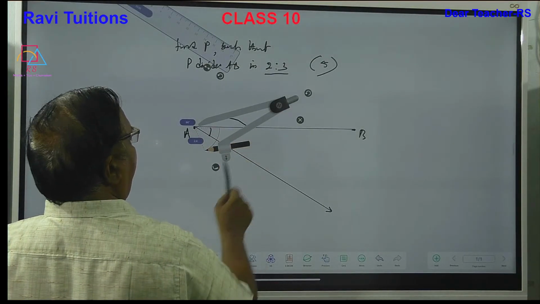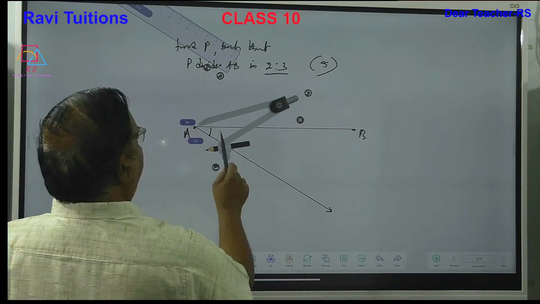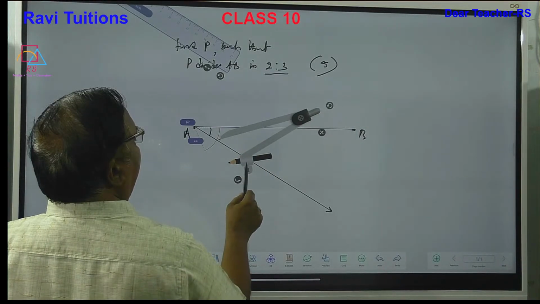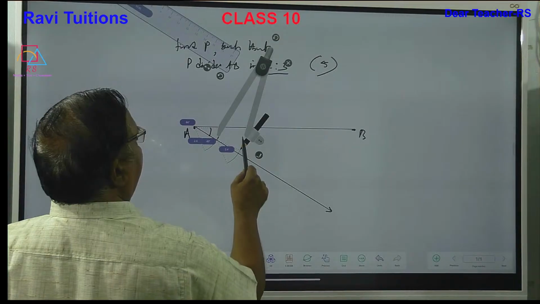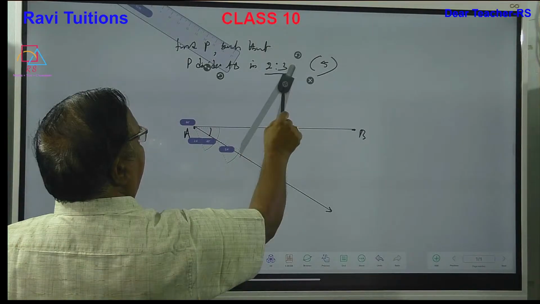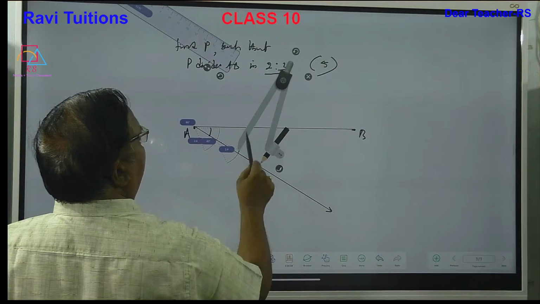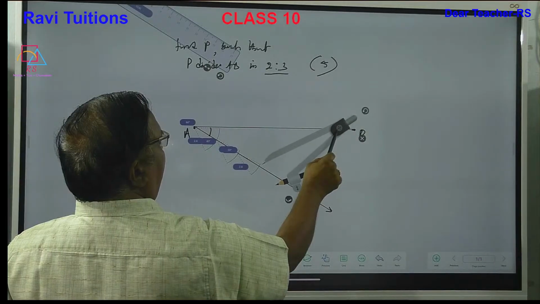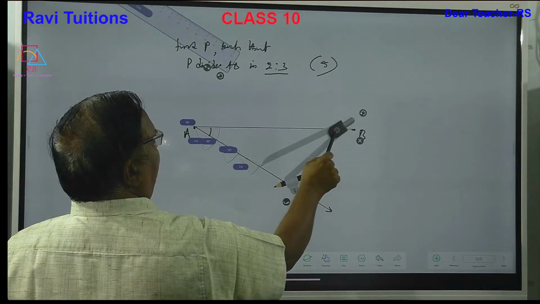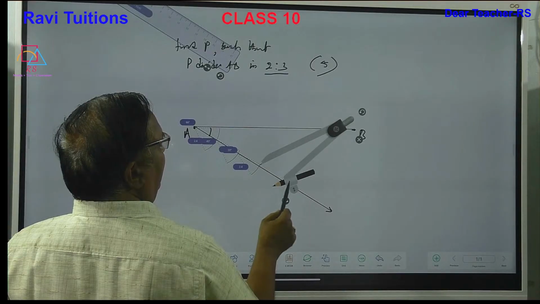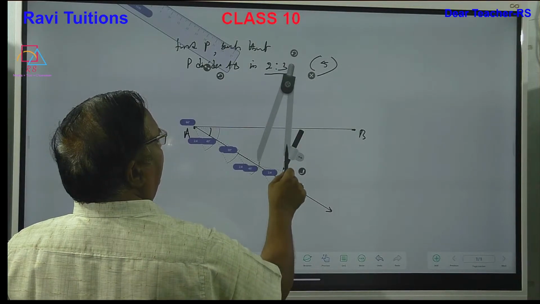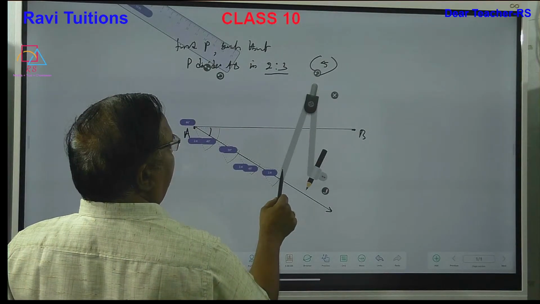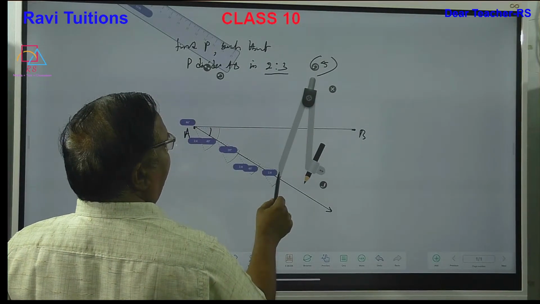Again keep the needle on this, draw one more arc, again keep the needle on the latest one and draw one more arc, and again. So 1, 2, 3, 4 arcs I got, and I should get a total of 5 arcs.